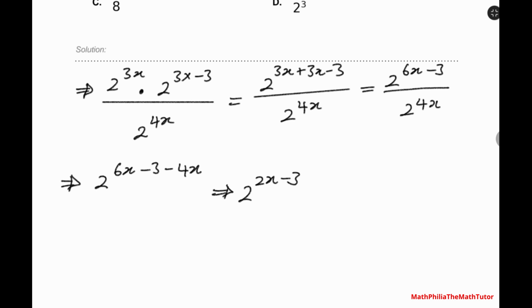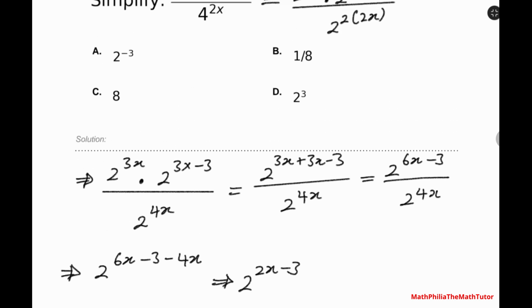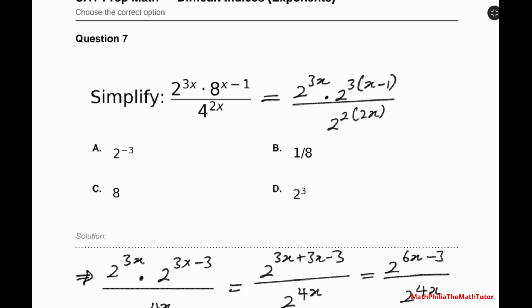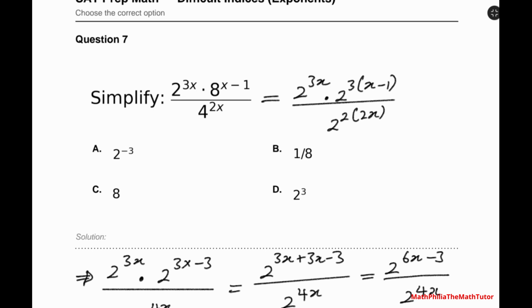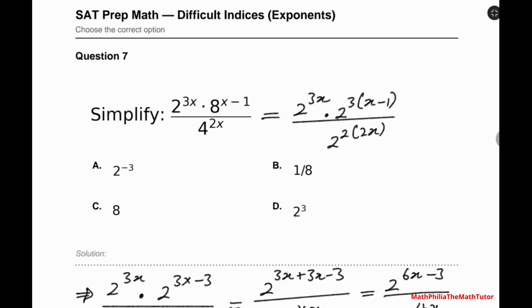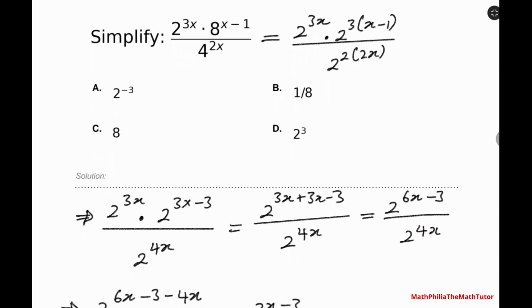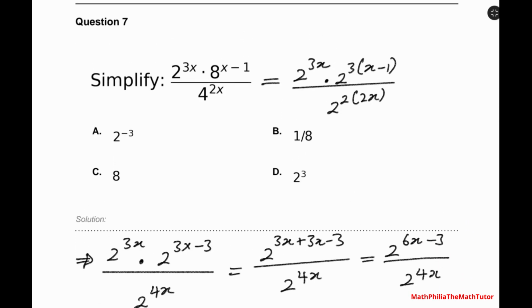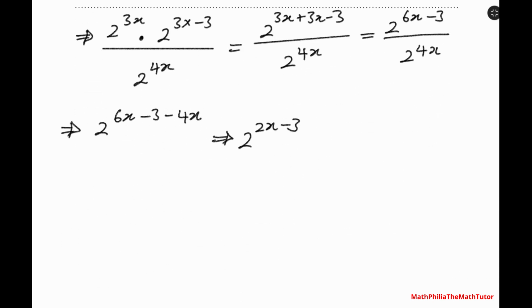Let's look at the options, then we can adjust accordingly. Well, in the options we have no x, right? So again, meaning I made a mistake again in writing the options. This is the answer. Okay, yes, this is the final answer: 2 raised to the power of 2x minus 3.